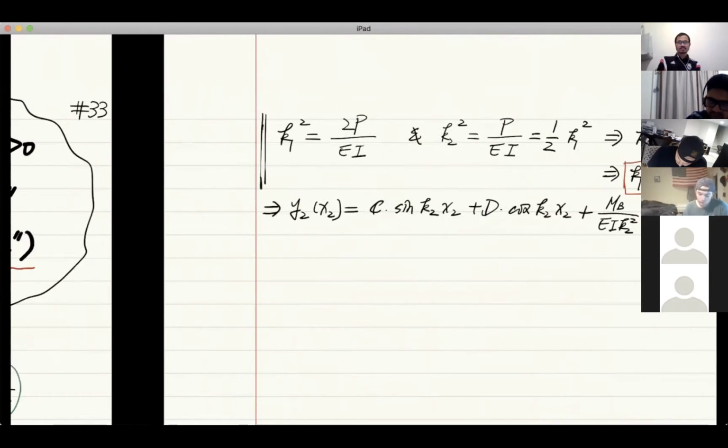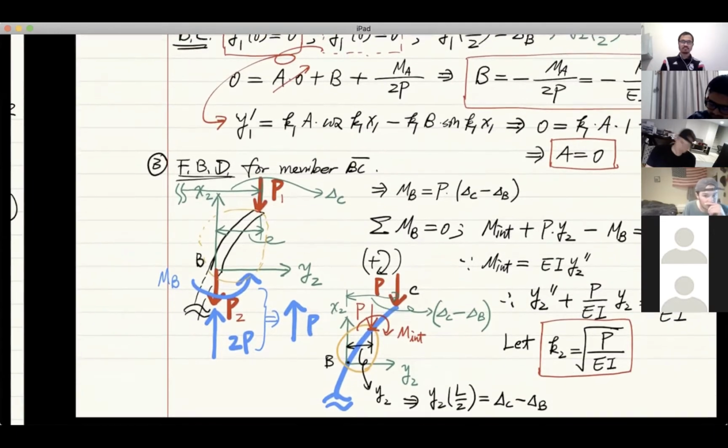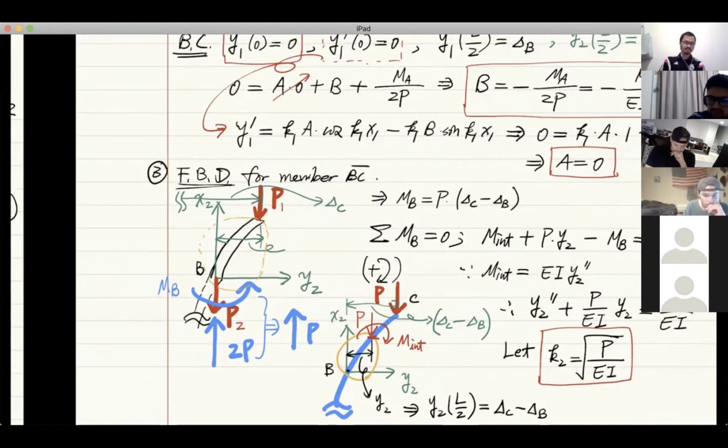And now let's substitute the boundary condition into it. Boundary condition, again, looking at the local reference, x2 and y2. This is true for local coordinate systems at x2 and y2.